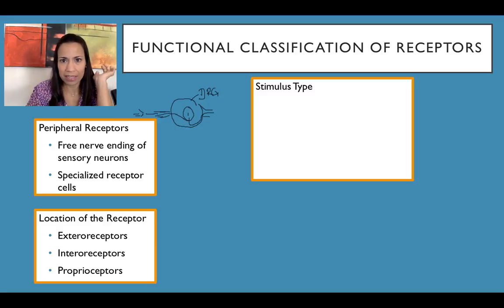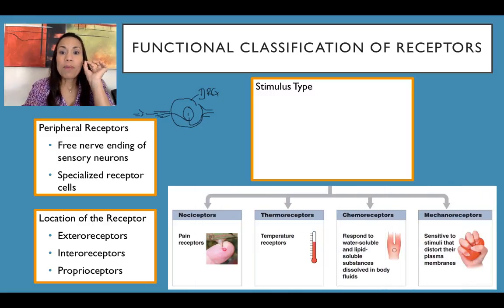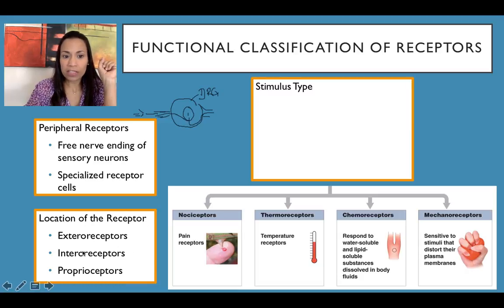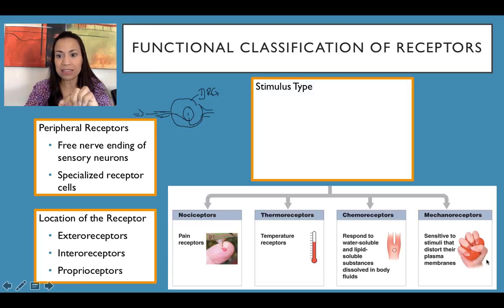We'll describe that later. Now, depending on the stimulus, look at all the different stimuli that we are exposed to. And take into account that all of these receptors by location, exteroceptors, interoceptors, and proprioceptors, can detect each of these stimuli that I'm going to describe now.